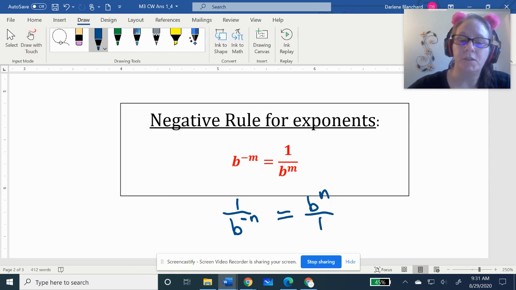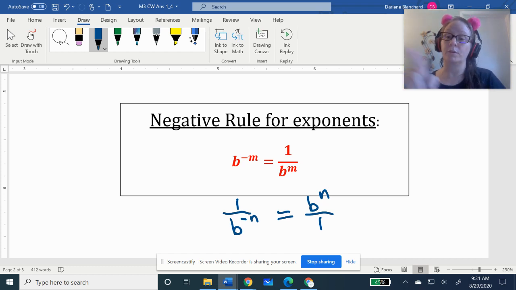And all it is it changes the sign from being a negative exponent to a positive exponent, but nothing else changes. That negative sign in an exponent really just says you are on the wrong side of the fraction. If you want to be positive, you've got to move to the right side of the fraction.